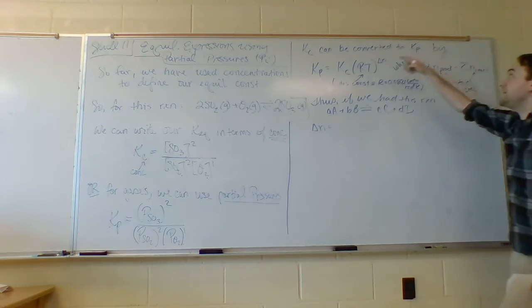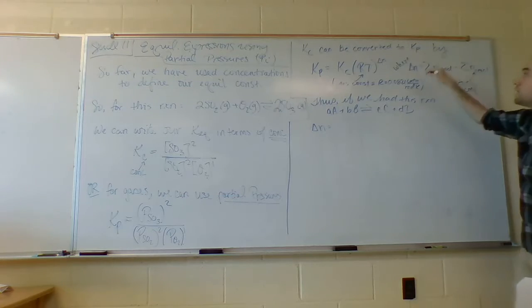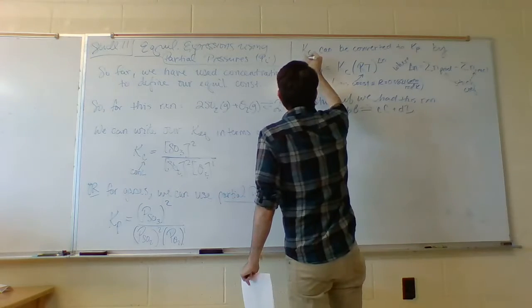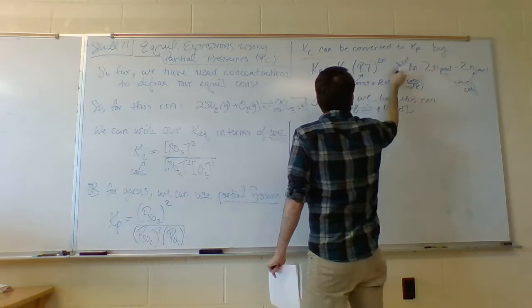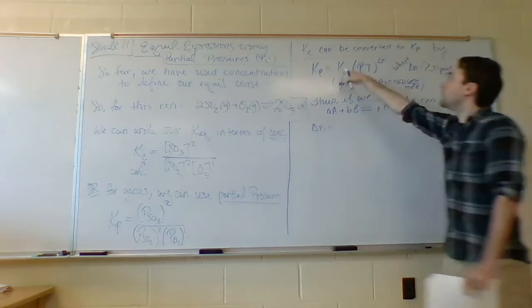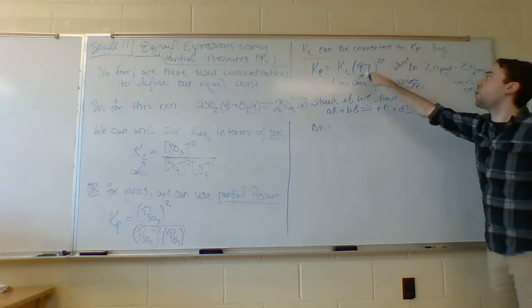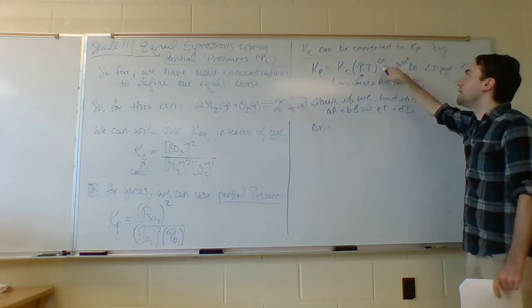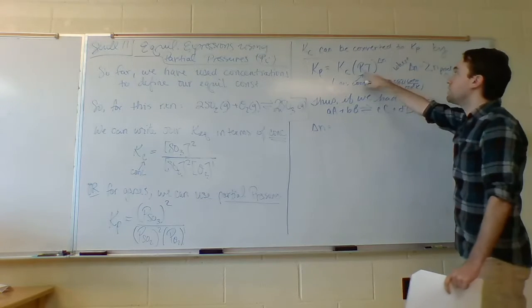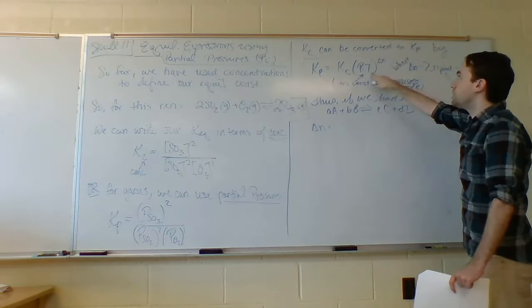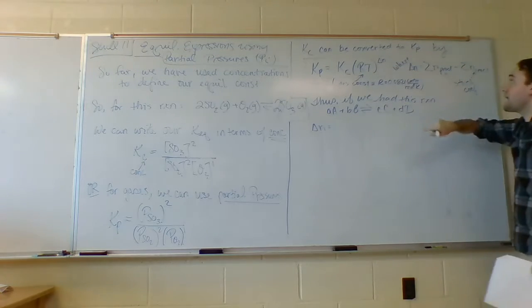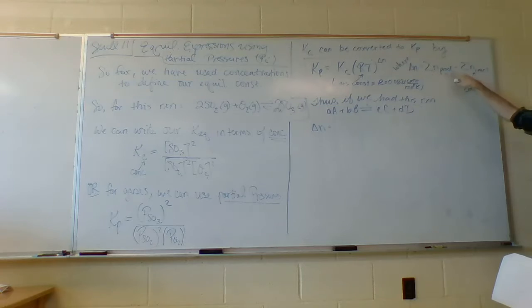Now, Kc can be converted to Kp by using this equation here, which says that Kp is equal to Kc times the quantity RT raised to the delta N, where R is our gas constant, T is our temperature, and delta N is the sum of the stoichiometric coefficients of our products minus the sum of the stoichiometric coefficients of our reactants.